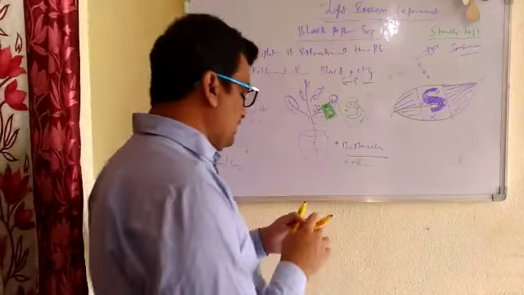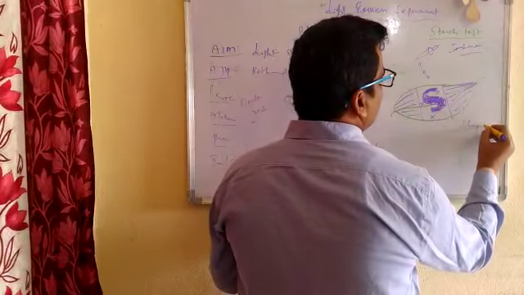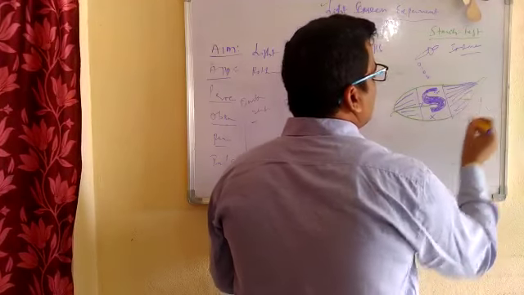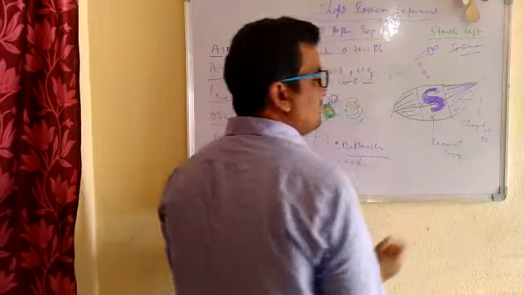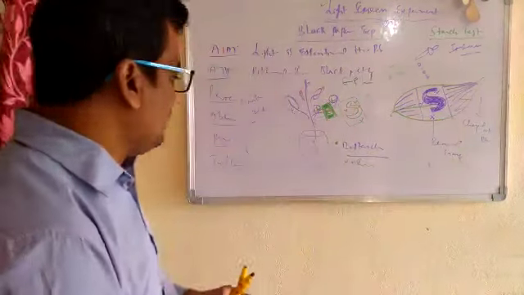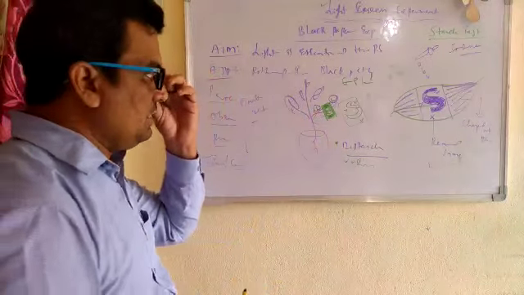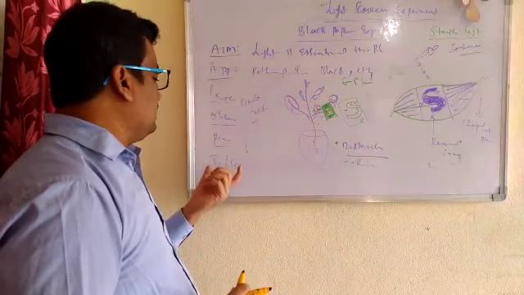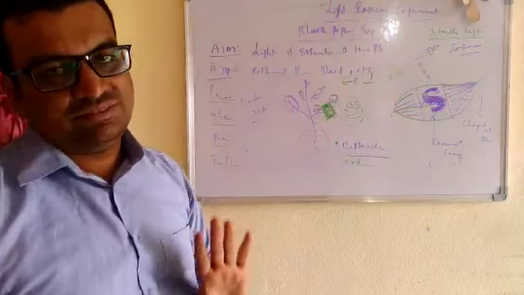By this simple experiment, you have to write here: changed into blue black here also, but it remains unchanged here because light does not reach. So in the precautions you have to write that destarching is very, very important, and the black paper should be perfectly applied, perfectly clipped. In the inference you can write: where the light struck, photosynthesis took place.